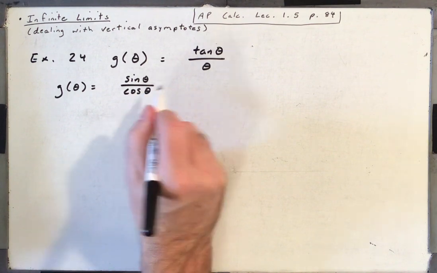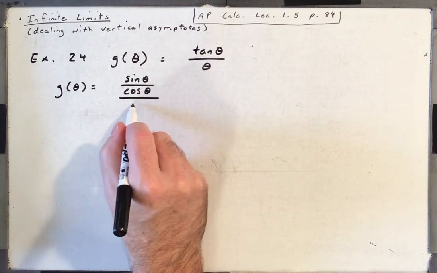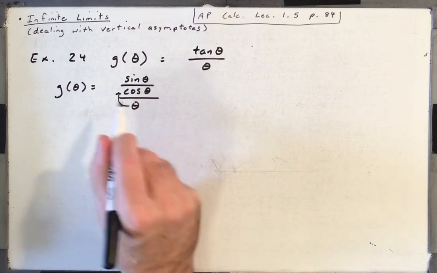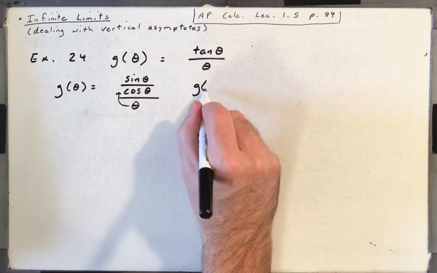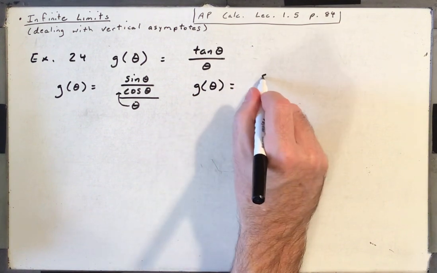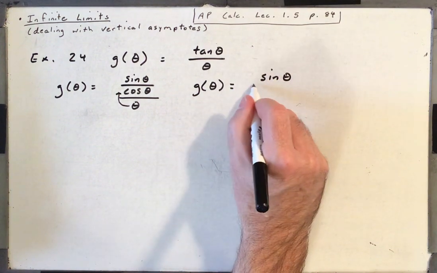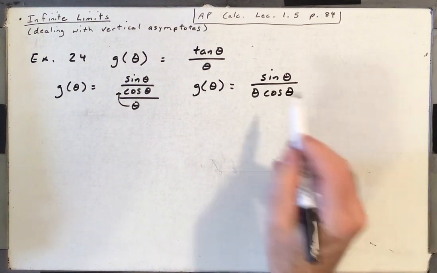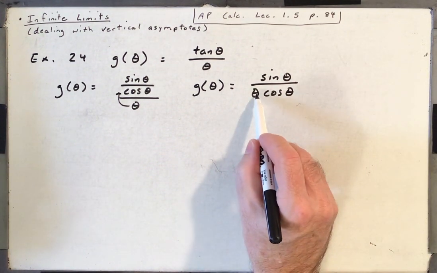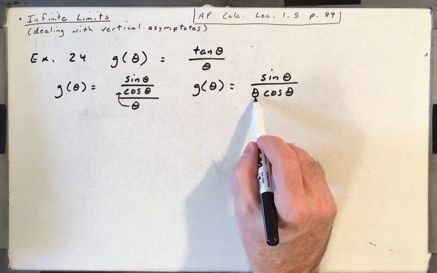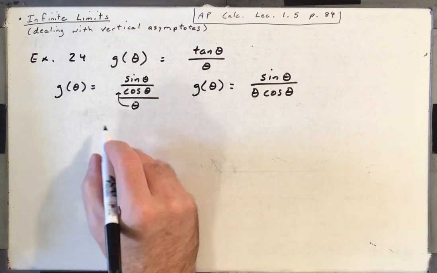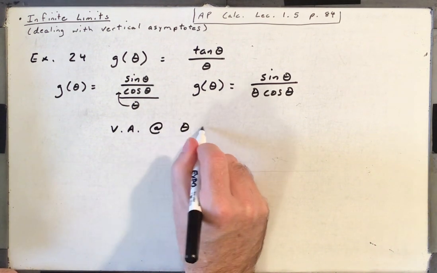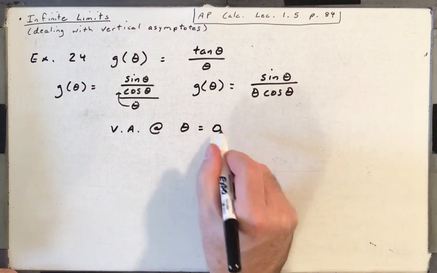So that's changing tangent into sine and cosine, over theta. And now if you multiply that top fraction by 1 over theta, you can bring that theta up a level. So that would be sine theta over theta cosine theta. So the denominator is 0 when theta is equal to 0. So we have a vertical asymptote at theta equals 0.